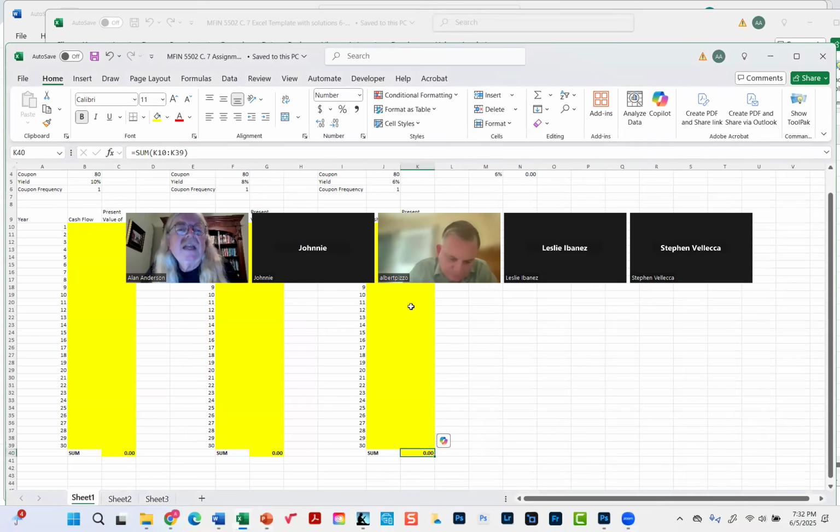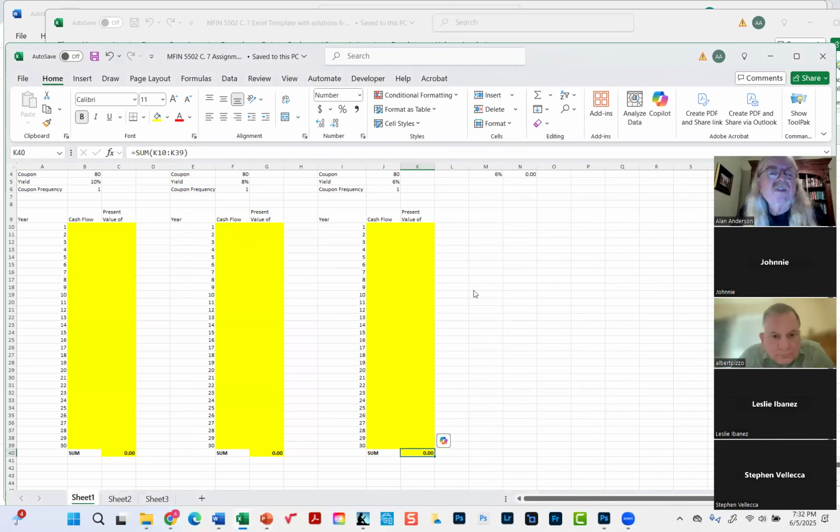Well, your assignment asks you to pretty much do exactly what we did tonight, except these are slightly different examples. In this first sheet, you've got 3 bonds, and you're being asked to calculate the cash flows and the present values so that you can figure out the bond's price by simply adding them up.